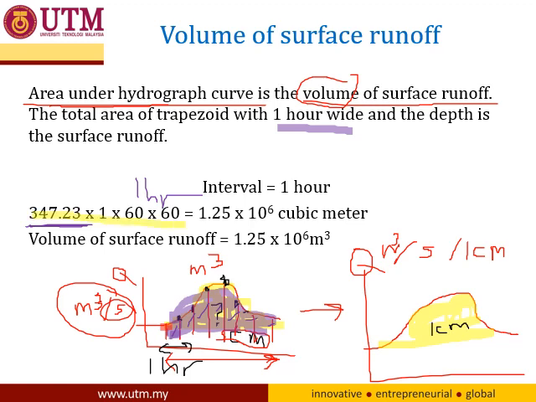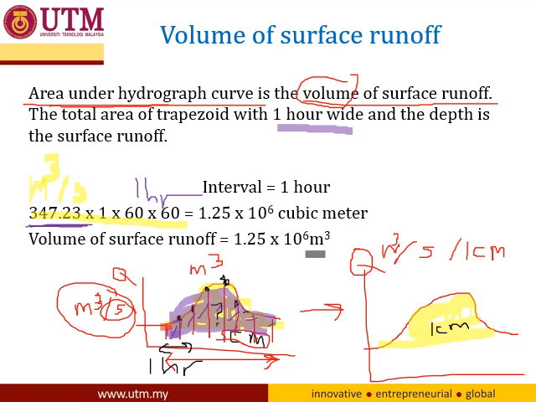You can estimate it by using this calculation, which is the total runoff. This is meter cube per second, you multiply by 1 hour. But you want it to be in the unit meter cube first.